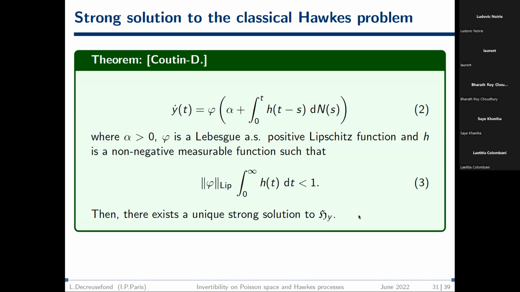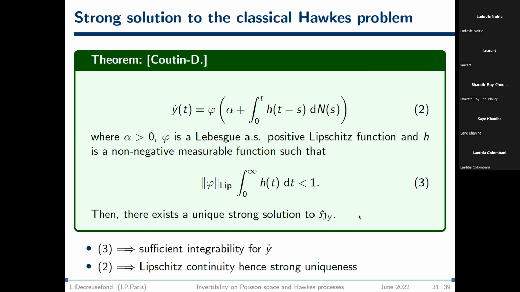They use either the cluster representation or the filling of a Poisson measure, which means they construct another probability space on which they construct Z. Here we are given N, we are given Y, and we construct the Hawkes process on this space. And you have exactly the same theorem as in Brémaud-Massoulié.